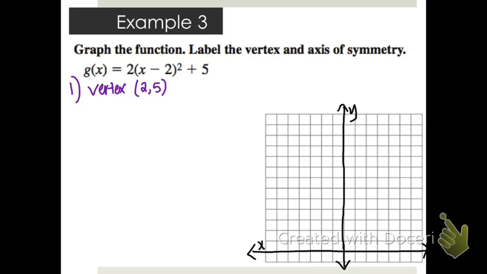Okay, so my point is positive 2, and then up 5. 1, 2, 3, 4, 5. There's my point. And the axis of symmetry, remember, is a line, and its x is equal to my h value, which is 2.